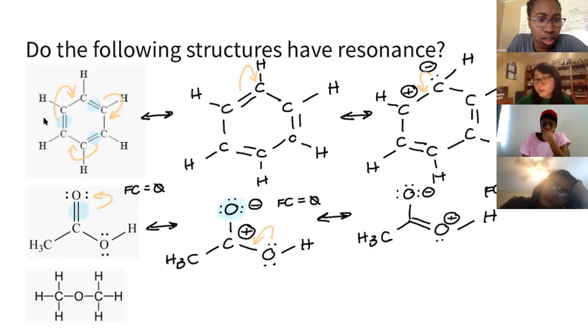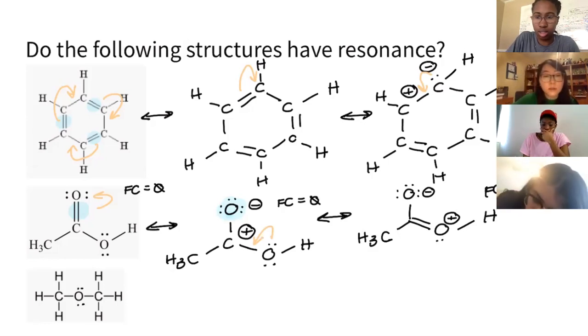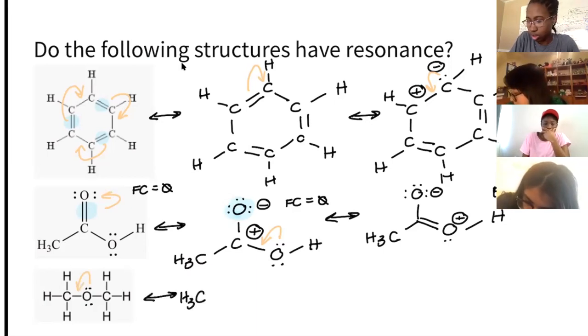Now we want to do the last one. So you're going to see here that this oxygen actually has some lone pairs. And so what happens when we try to put these lone pairs on one of the carbon bonds is the following. We get something like this.